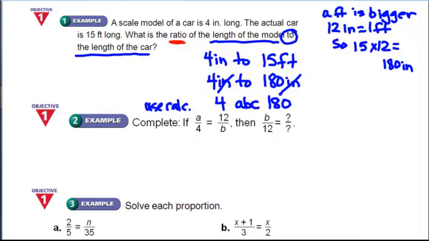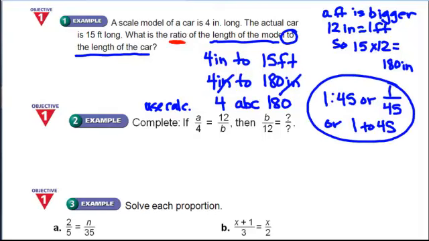And it gives you 1 over 45. So it's 1 to 45. This is the scale, the ratio of our scale model to our actual car.